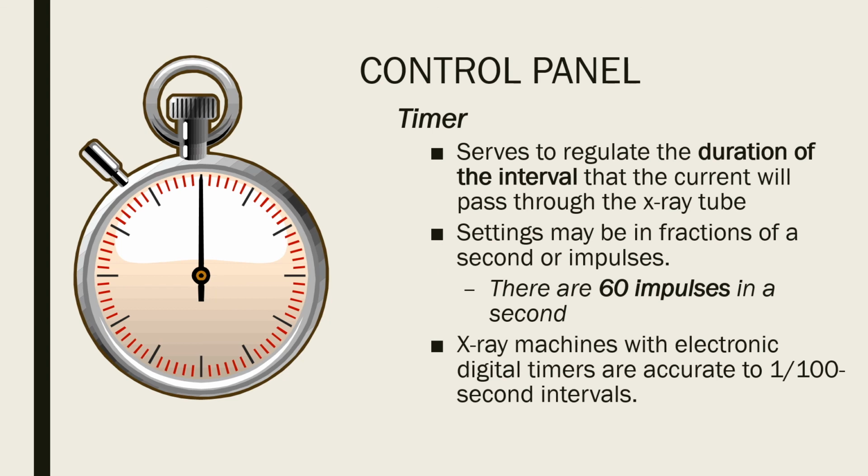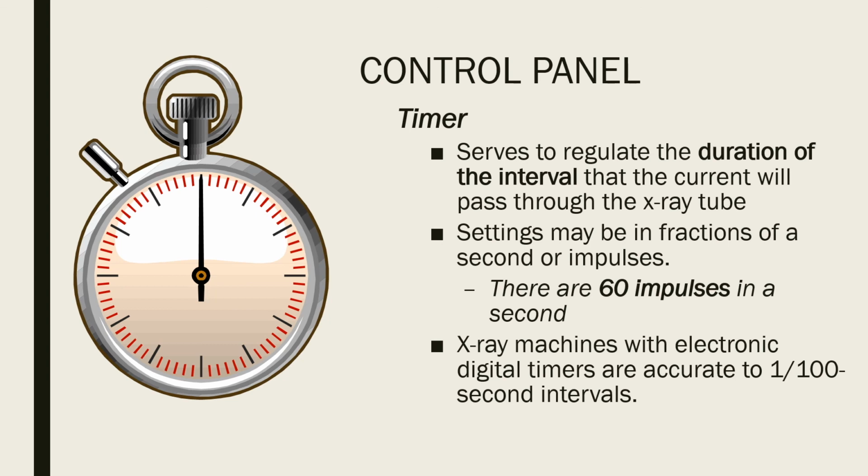But in our machine, we have 60 impulses per second. And since we have these newer films and we have digital receptors, which are faster and more sensitive, the exposure time has been greatly reduced. Again, sticking to our goal of producing the highest quality while keeping the exposure as low as possible.